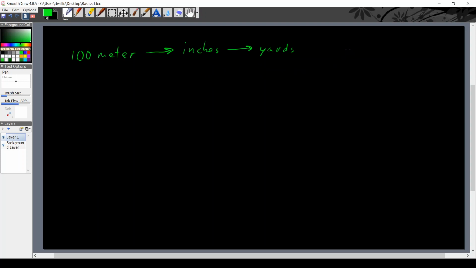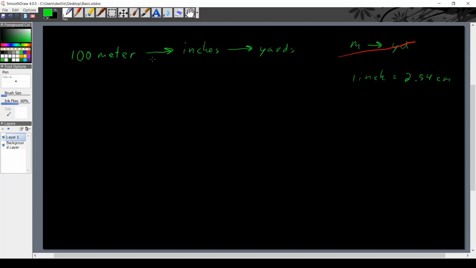Now, you could Google and find out how many meters equal how many yards, but we're not going to do that. I'm going to take you through the long way based on the conversion factor that I just gave you a minute ago, which is 1 inch is equal to 2.54 centimeters.